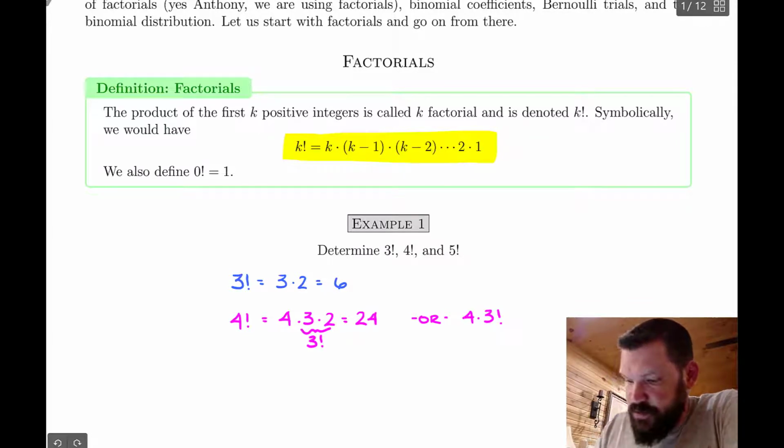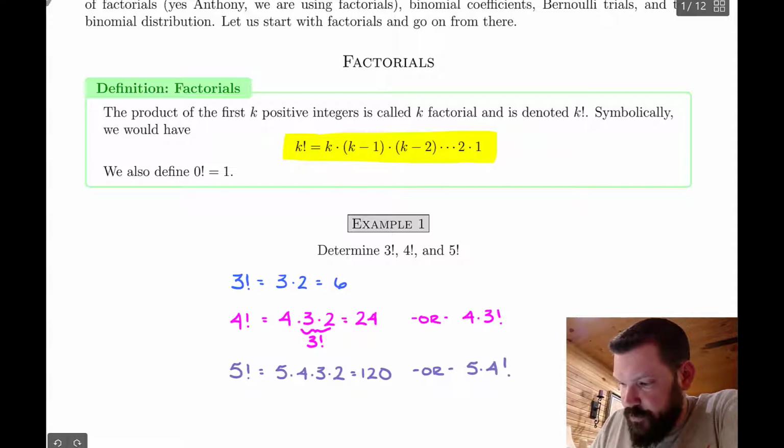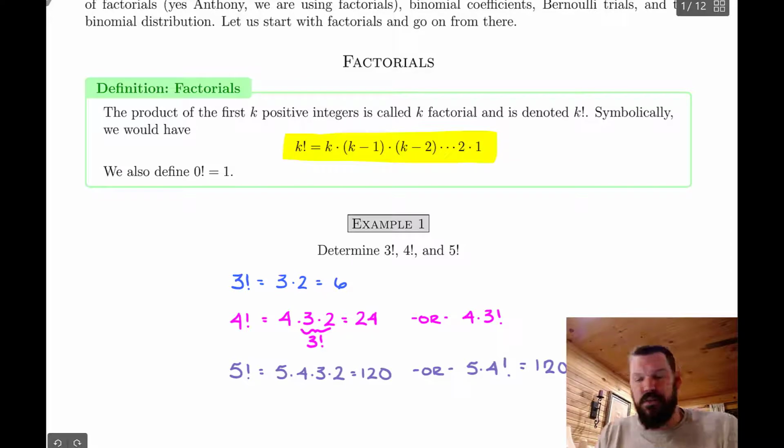And then our last one is 5 factorial. 5 times 4 times 3 times 2 is 120. Or we can express that as 5 times 4 factorial, and that's still 120 because it'd be 5 times 24.